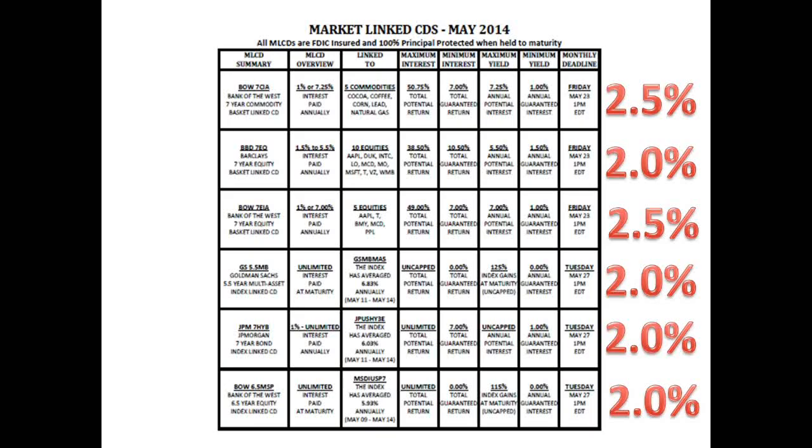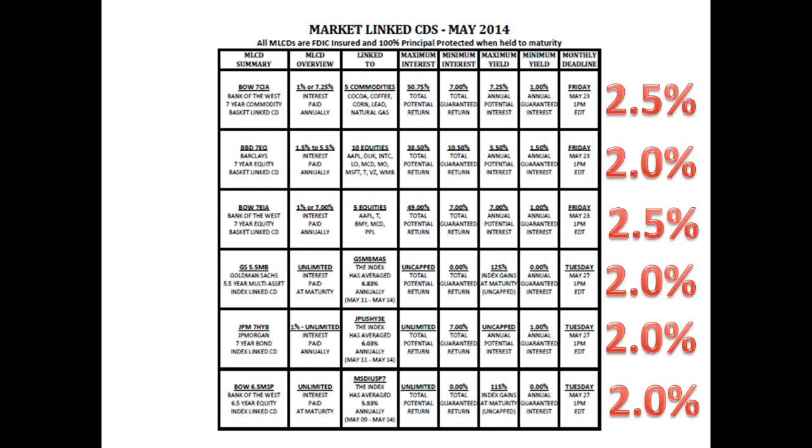We have an offering from Barclays, which is a 7-year equity-linked product linked to a basket of 10 stocks. We'll go through that in a little bit. That pays at 2%. Goldman Sachs has a fantastic product. I alluded to it a little while ago in a webinar just as kind of a teaser, but the Goldman Sachs 5.5-year multi-asset linked product, something that I think you're going to want to take a very, very close look at.